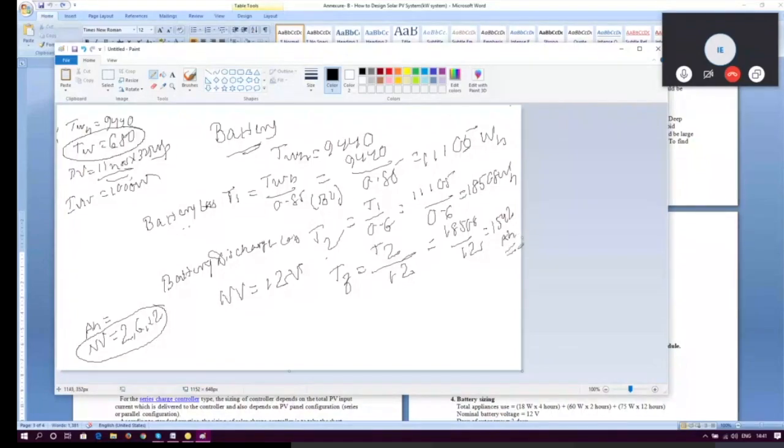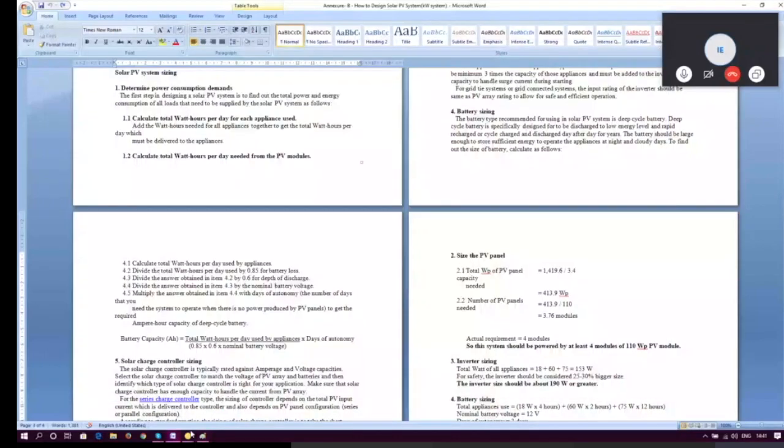This is the ampere hour. So we have converted to ampere hour. 1542 is our ampere hour required for 1 day. I am again mentioning, 1542 is the ampere hour we are getting for 1 day.